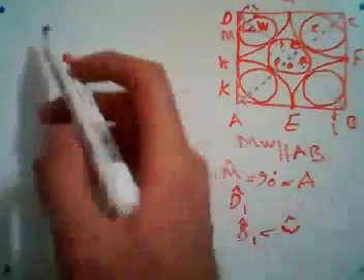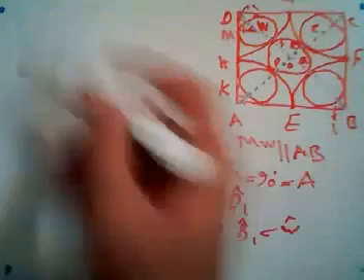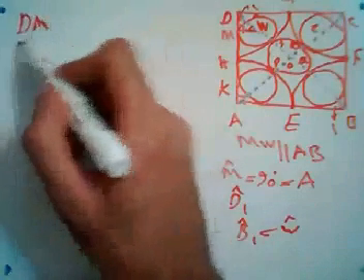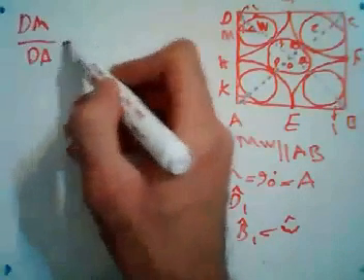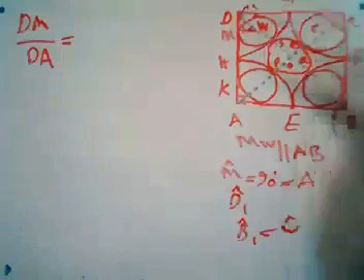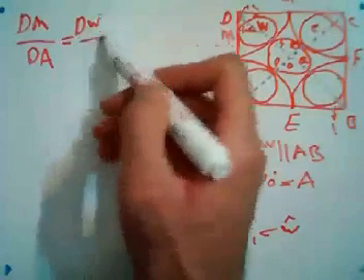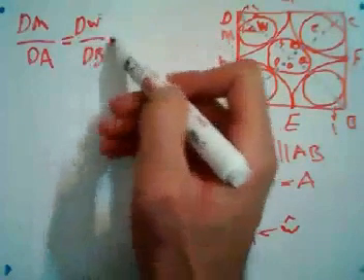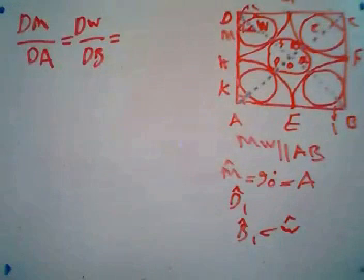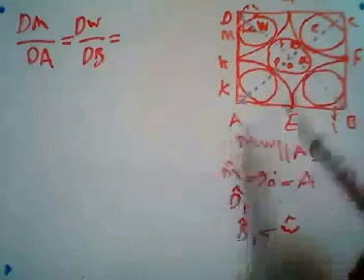Okay, the relation is DN over DA equals DW over DB equals MW over AB.